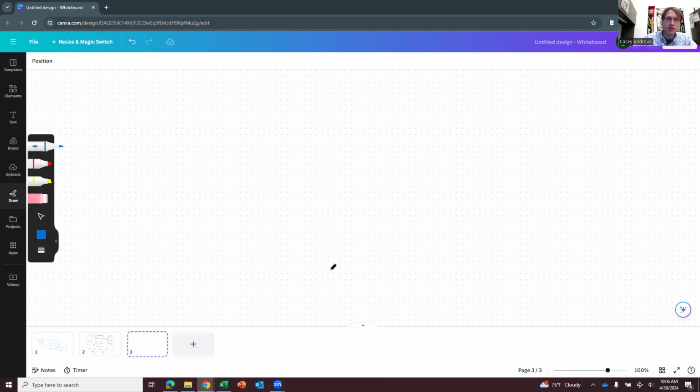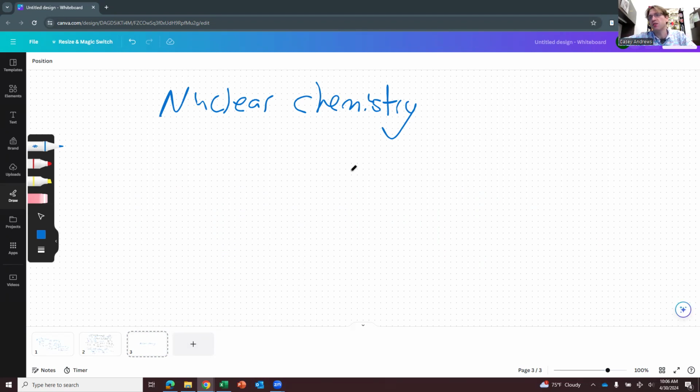And the last topic we are going to talk about is nuclear chemistry. This is a field that only started about 100 years ago with the splitting of the atom. The thing about nuclear chemistry is that it changes the rules of chemistry.